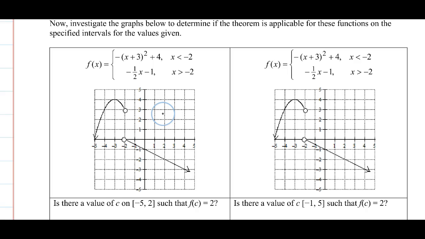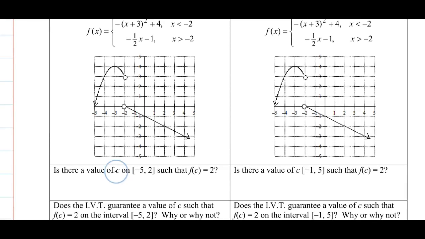This is the same graph, same function, everything's identical on the left and right here, but our first one asks, is there a value of c, that would be our x value, is there some x value between -5 and 2, and I'm just going to mark these portions here, -5 to 2, such that f of c, c was our x value, f of c is the y value at that point, equals 2.